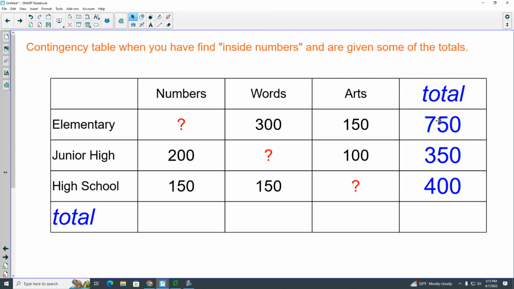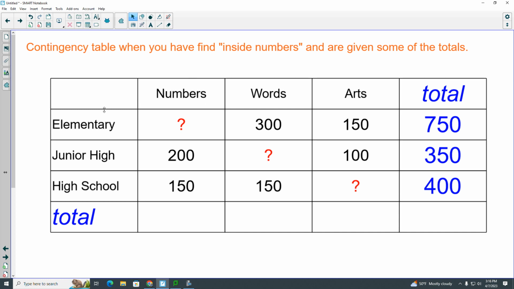So what I want to do is I first want to take a look at what I do have. So I don't have these numbers, so I'm not going to deal with this column of numbers right now. I'm going to deal with these rows. And let's just take a look.